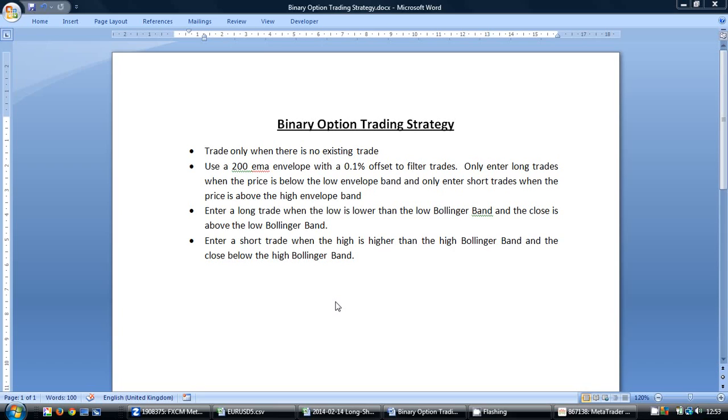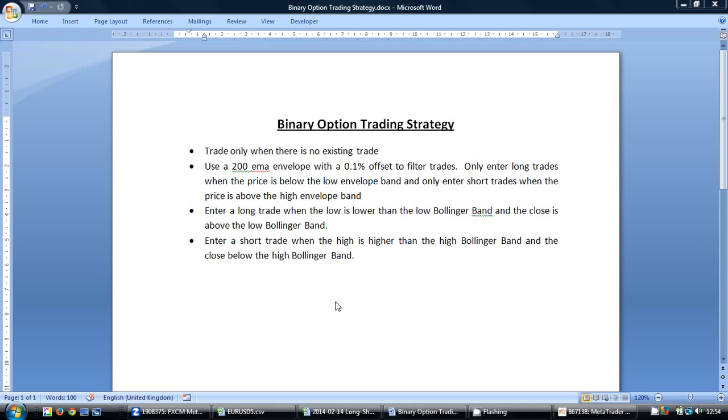Okay, so the trading strategy is going to trade only when there is no existing trade. We don't want to pyramid into a particular move. We're going to enter a trade, see how that pans out before entering another trade.